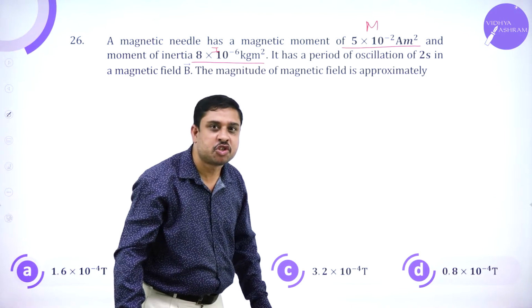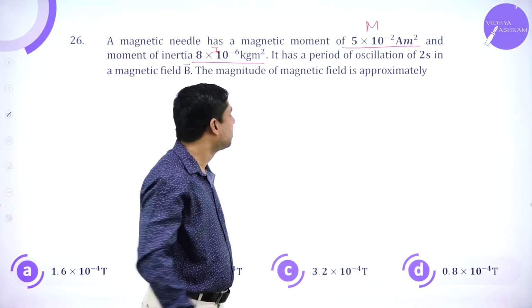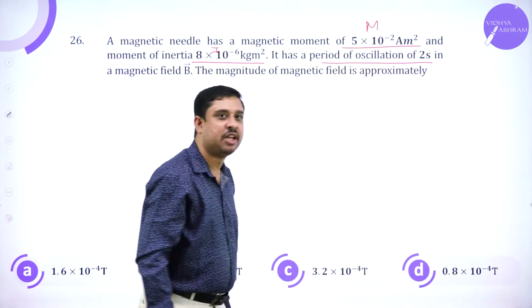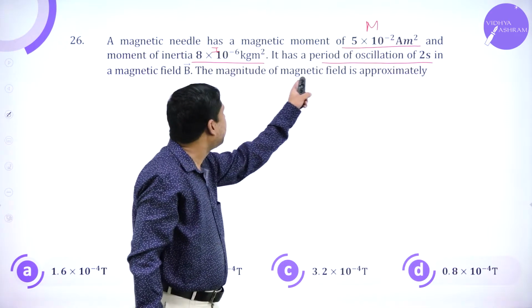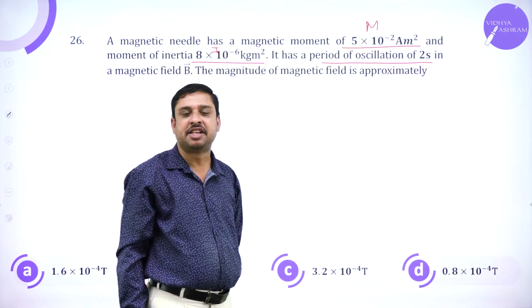Moment of inertia and magnetic moment are given. It has a period of oscillation of 2 seconds. Then what is the magnitude of the magnetic field?